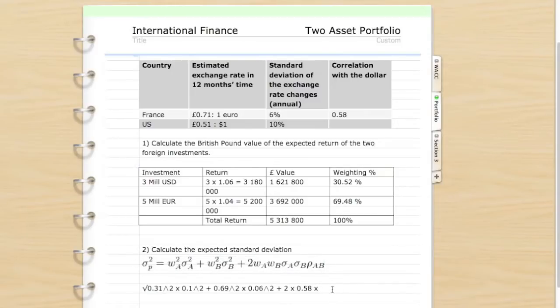So it looks like 0.31 times 0.1 times 0.69 times 0.06, right?